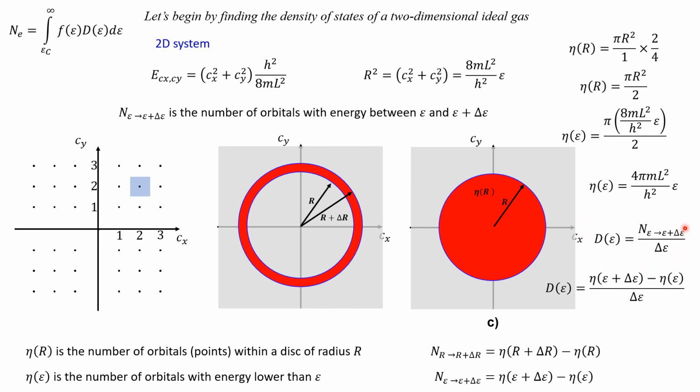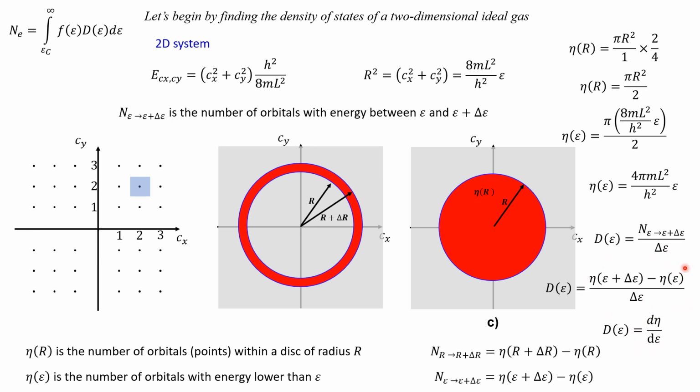Now recalling the definition of density of states and expressing this term in terms of this term, we get this expression for the density of states, which is just the derivative of this function. So to get the density of states, we take delta epsilon in the limit that it goes to 0.